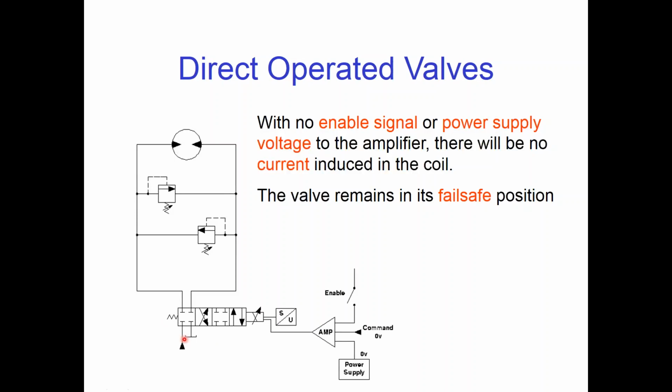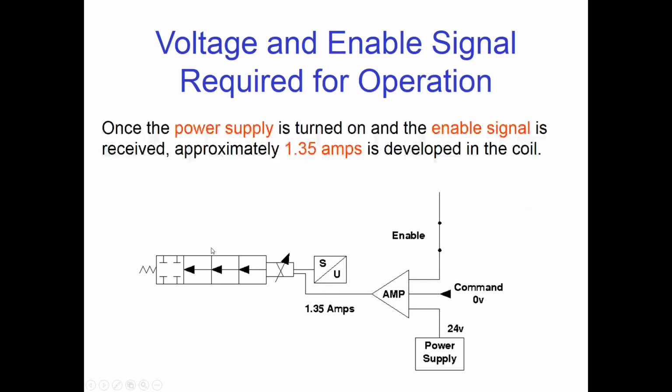You see that this is the fail-safe, this is the B position, the center position, and the A position. Notice that the center position and the fail-safe in this particular valve are the same. So we've generated enough current in the coil, and for a Bosch valve, that's about 1.35 amps, to move out of the fail-safe position and into the center position.